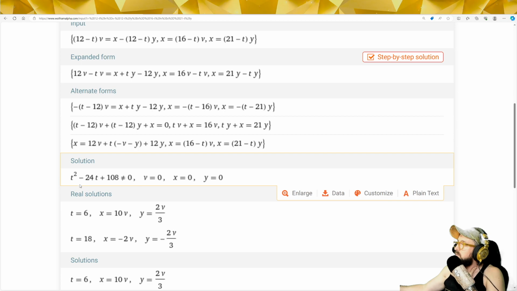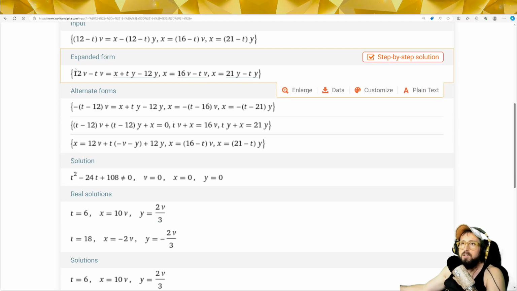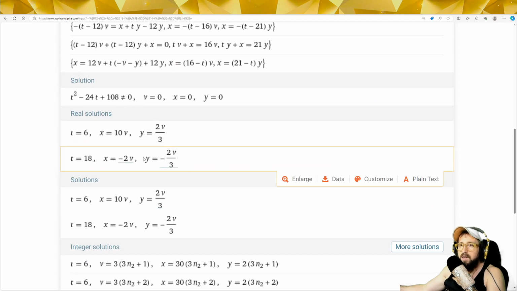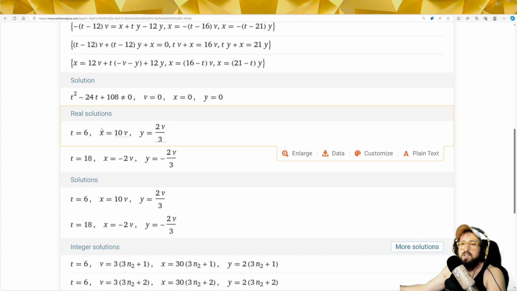Yeah, 6 a.m. I think is an answer. The other one is 6 p.m. But that doesn't make any sense because that means that do you see how these positions have to be negative? So I think 6 a.m. is the answer.